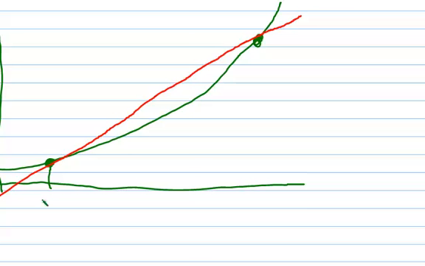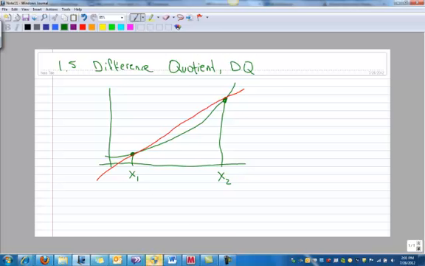Okay, so we drew a straight line between the 2 points, and then we said that this was some x-coordinate. I'll call it x sub 1. And this is another x-coordinate. I'll call it x sub 2. And in the example we did for average rate of change, this was 1 and this was 4. But I've just now labeled them x sub 1 and x sub 2. Well, the x sub 1 has some y-coordinate over here.